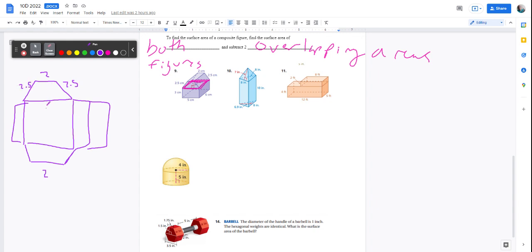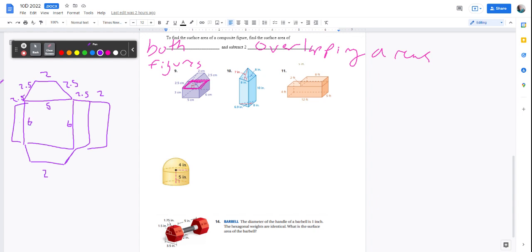The base is 5 right there, and 6 is the distance from base to base. As we copy all this down, the 2 can come here, the 2.5 can come here, and the 2.5 can go there. And 6 is here.